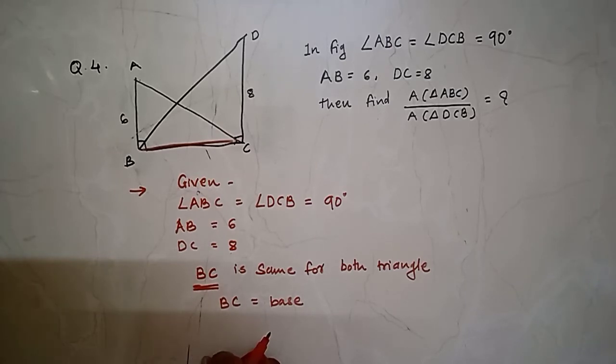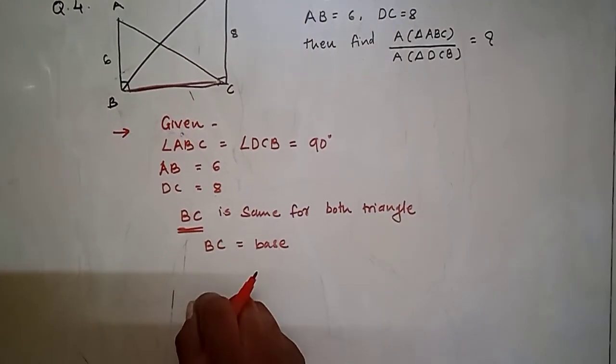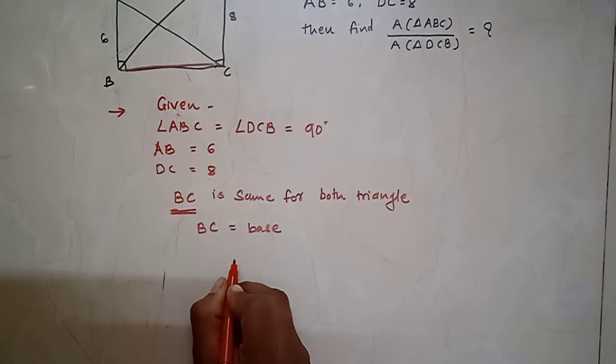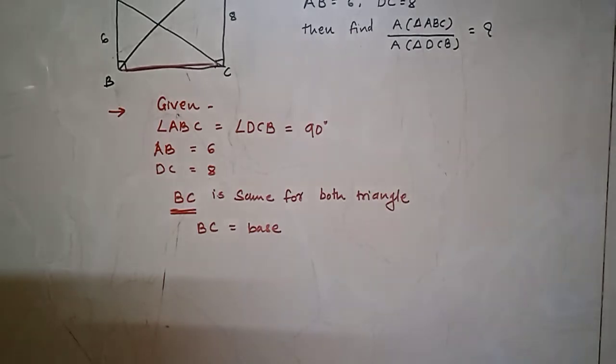Okay, then we know that when the base is the same for both triangles, then the area of a triangle is proportional to its height, right?